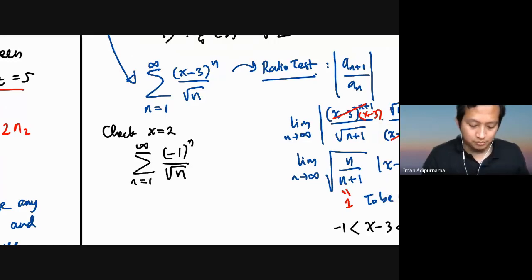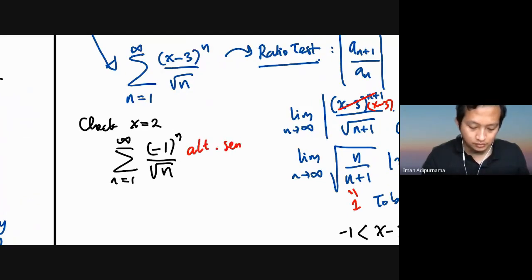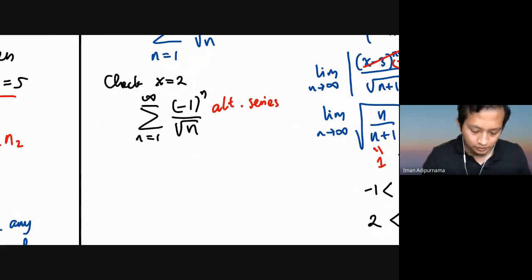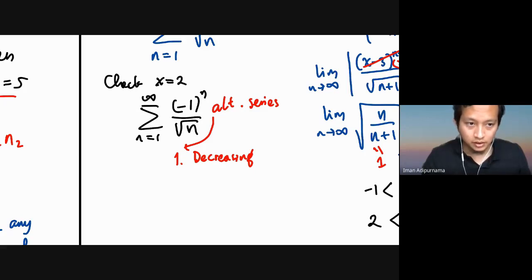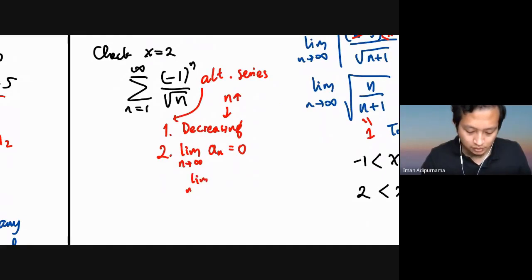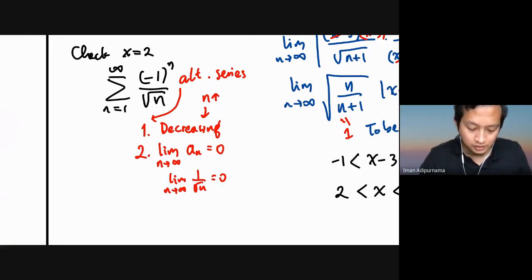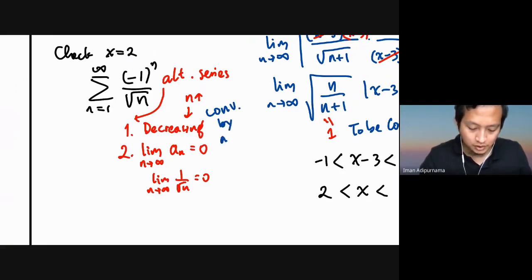And this is an alternating series. Remember, an alternating series needs two components. First, it should be decreasing, and it's true that as our n increases, it's decreasing. And two, the limit of a_n should be 0, which is also true. The limit of this is 0. So it converges by the alternating series test.